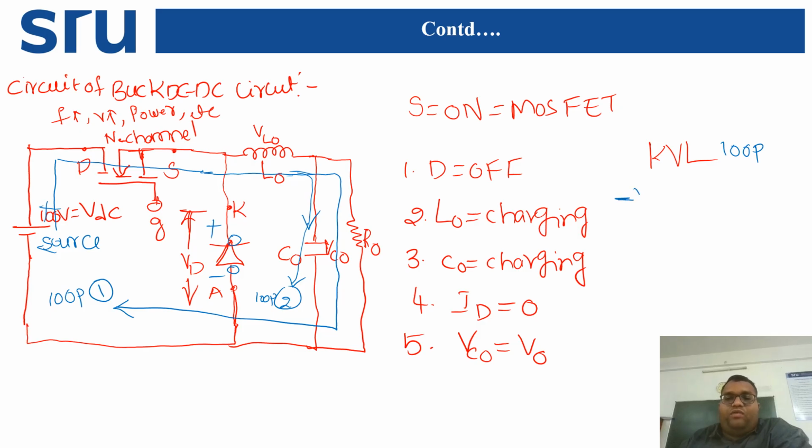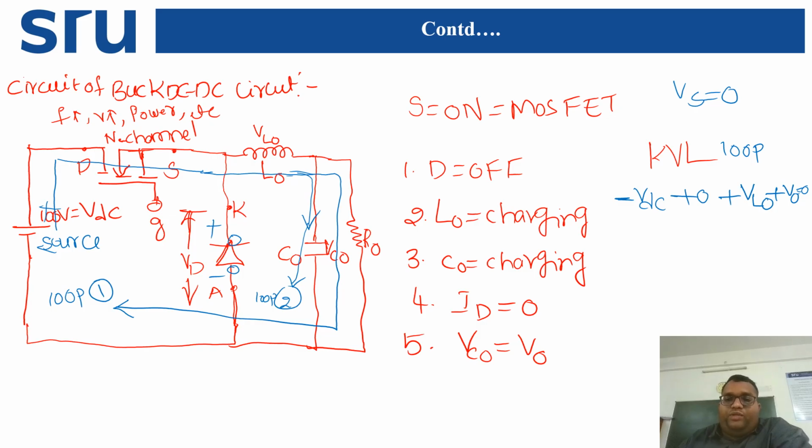Minus VDC plus the voltage across the switch. Since the switch is on, it is short circuited. Then what is the voltage across the switch? That is 0. So here we take 0 voltage plus VL0, the charging voltage, plus V0 is equal to 0. This is the loop 1 we have to consider.